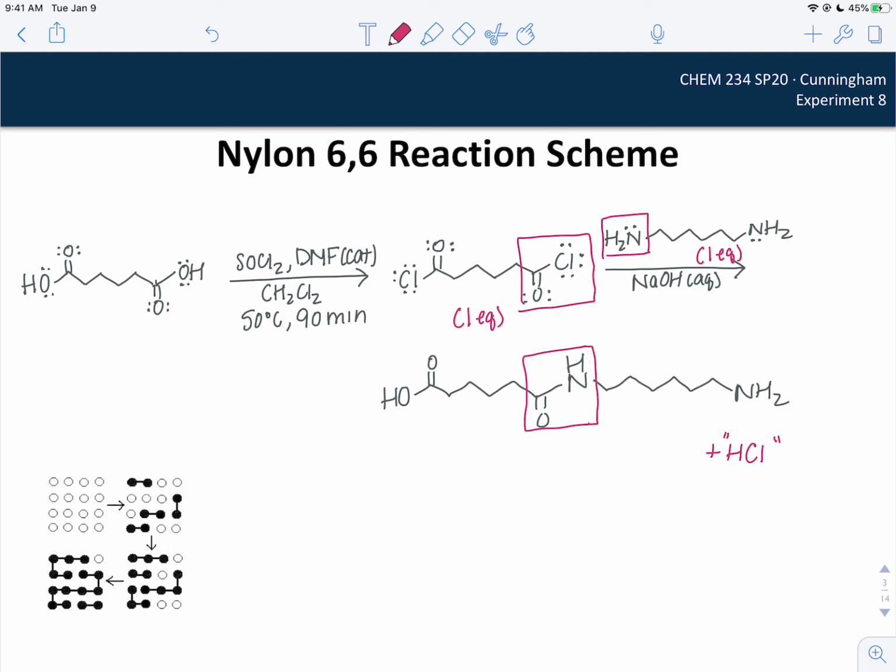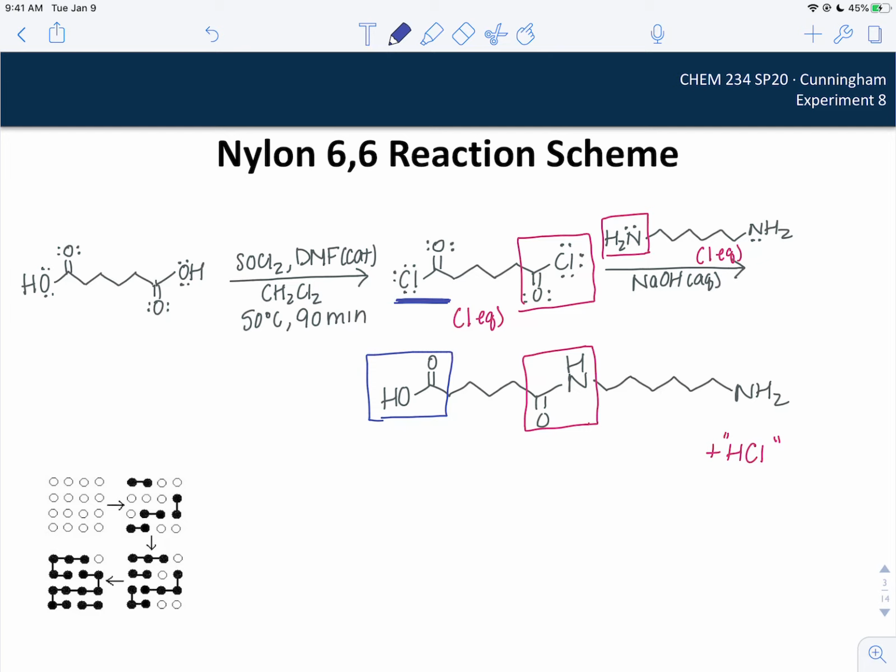We've shown here that we've got a carboxylic acid on the left-hand side of our molecule. Why is that? In this step we take our acid chloride on the left-hand side of the molecule. If we're only reacting with one equivalent of our hexamethylene diamine, then we can only form an amide bond with one of our acid chlorides.